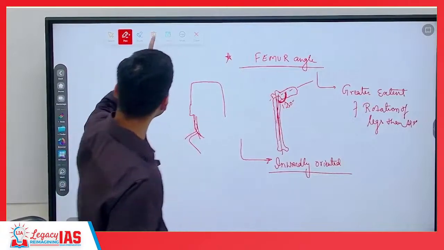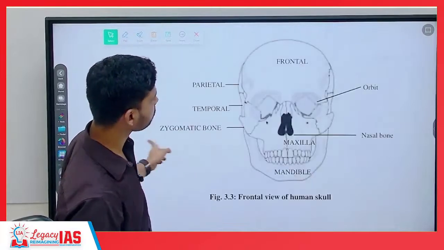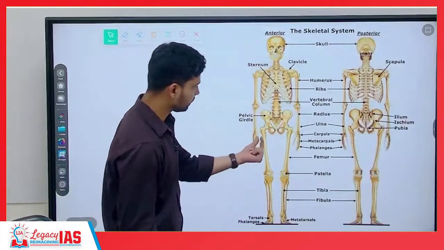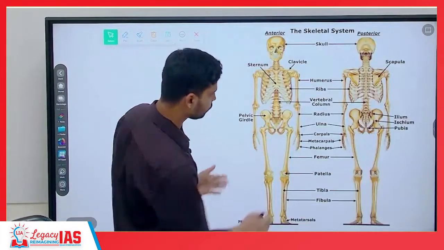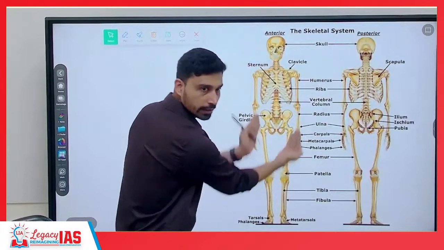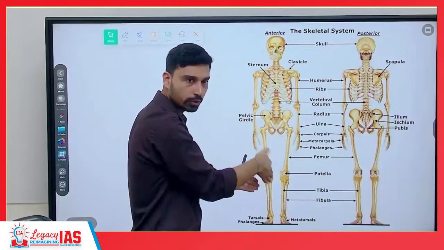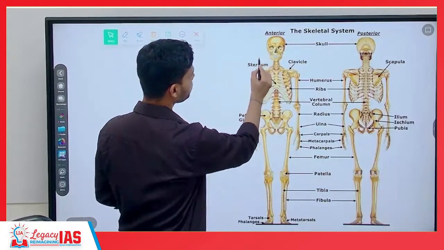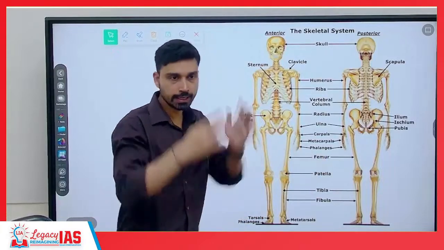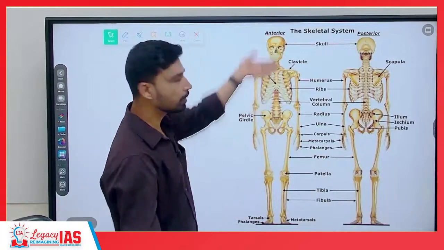So let us look at this in the diagram to understand better. This is the femur. If you see here, the femur is coming in the inward side. It becomes narrower as it goes in the downward direction. And if you measure, the body is on this axis, so the femur is inside the entire body structure. Again, the reason is the same, to support the body weight properly.